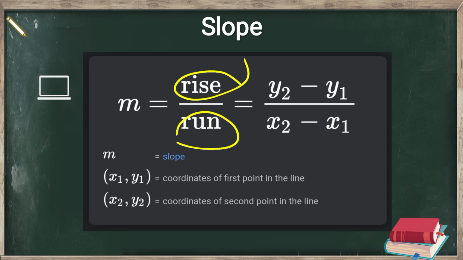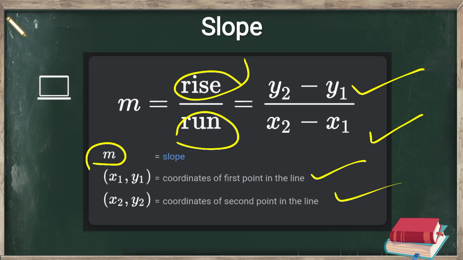Yung y sub 2 and y sub 1 are both y coordinates. And x sub 2 and x sub 1 are both x coordinates. So m, letter m, is the symbol for the slope. So ibig sabihin, meron tayong dalawang points or there are 2 points given. So, yung sub 1 na yan, it represents the first point at yung sub 2 ay nagre-represent sa second point.